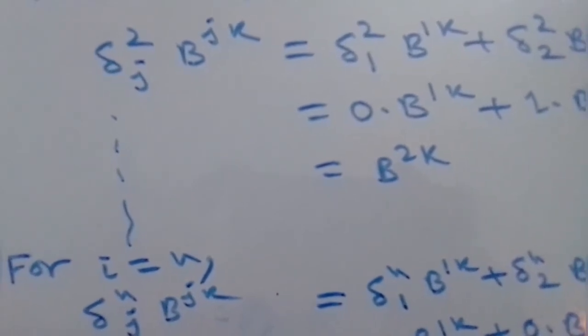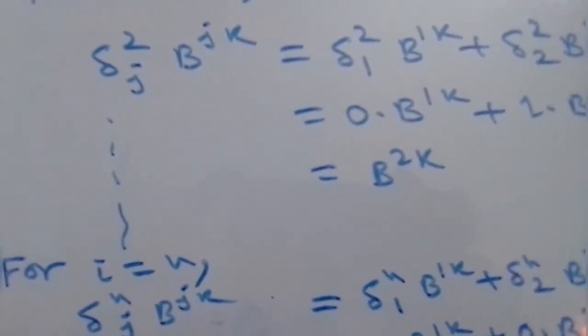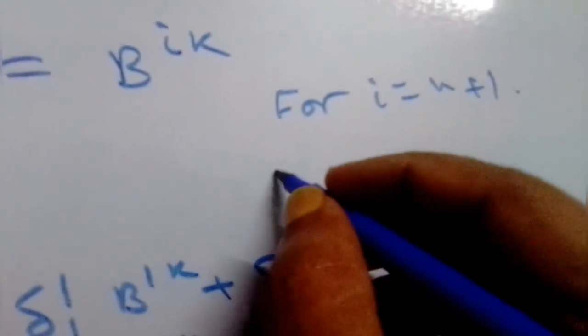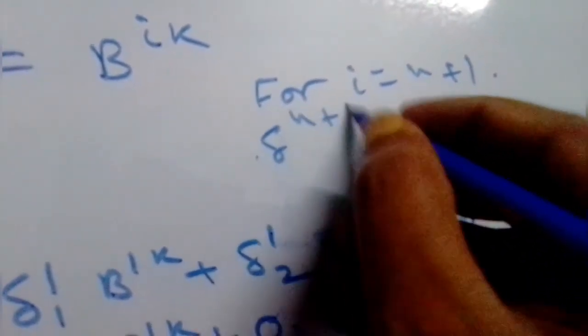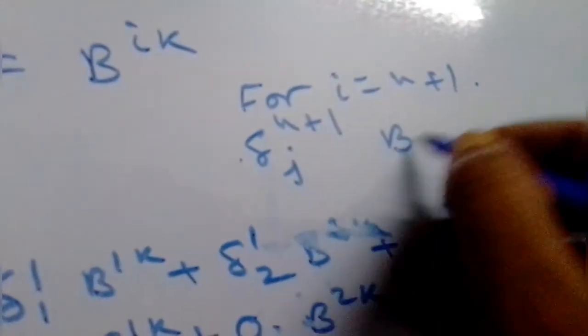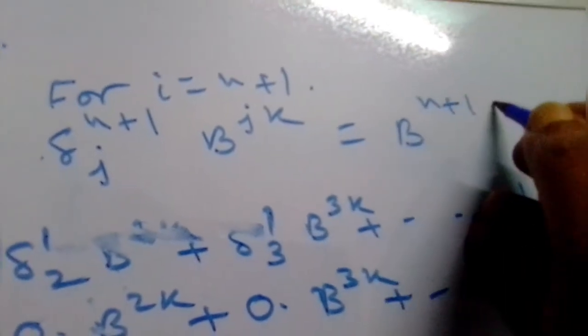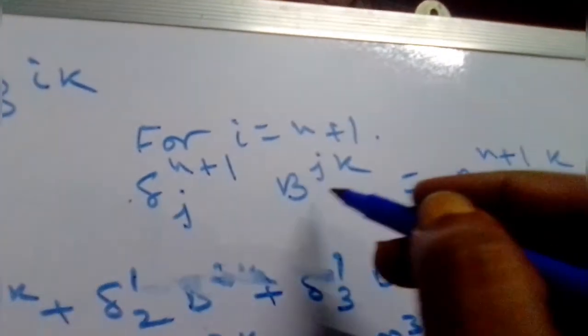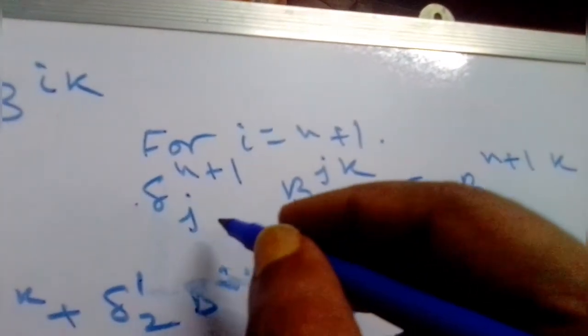If we take i as n plus 1, we are writing delta n plus 1 j bjk, that is b of n plus 1 k, in this manner, where j also runs up to n plus 1.